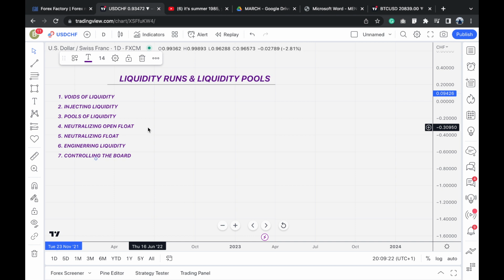So the algo will remember these voids of liquidity and will revisit them. So whenever you see impulse price swings that are highly inefficient, which is typical of impulse price swings, you oftentimes will see a return back down into the base preceding that impulse price swing. So I'm going to show you conceptually, and then we're going to go into detail on this.